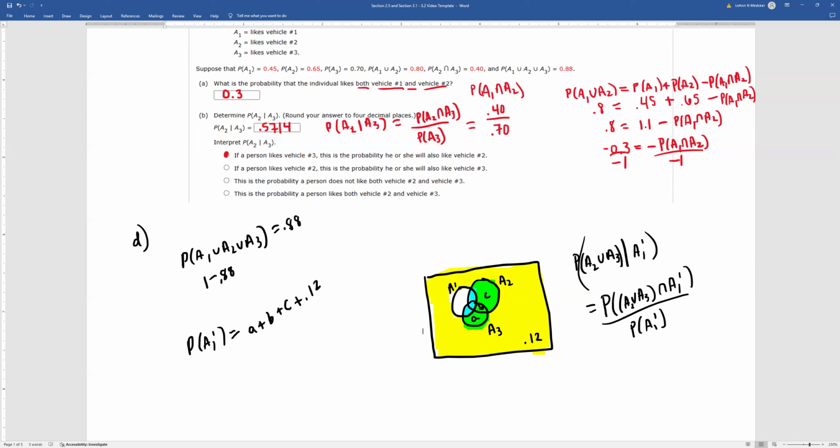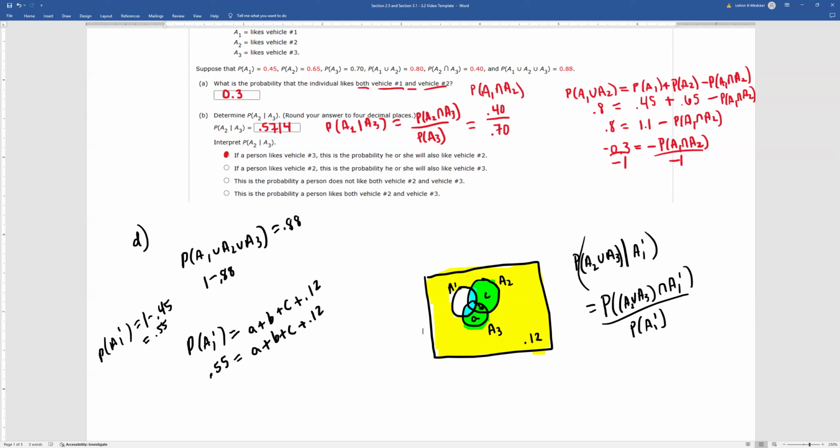Well, I know what A1 is. It's 0.45. So the A1 not probability is 1 minus 0.45. It has to be the opposite of that. So that's going to be 0.55. So I can replace this probability with 0.55, and I have A plus B plus C plus the 0.12. Okay, why is that helpful? Well, I can solve for ABC, the green part.